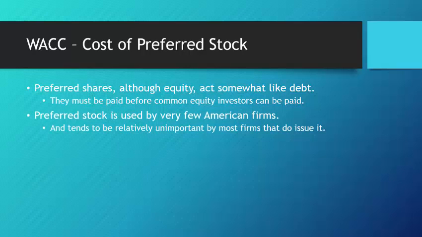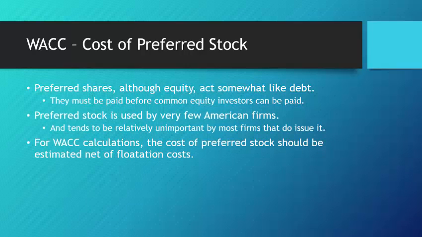And even when they do issue some preferred stock, it usually doesn't count for much. So for weighted average cost of capital calculations, even though we should include the cost of preferred stock, I'm going to tell you how to do it, but it probably isn't going to make any difference in the weighted average cost of capital, to be honest with you.